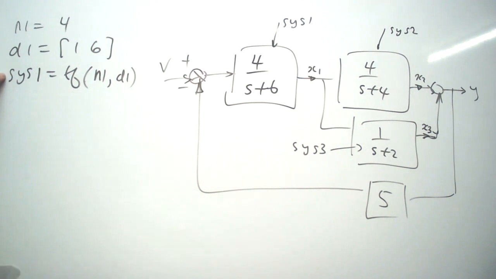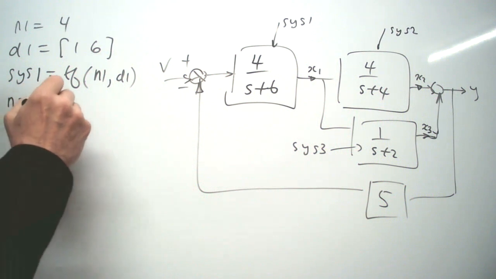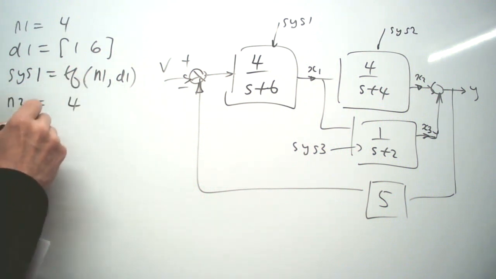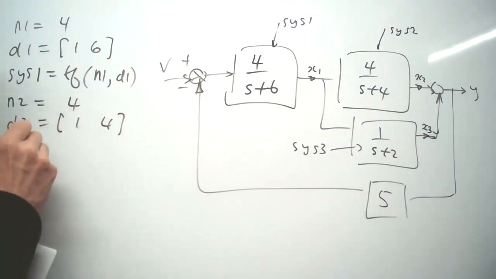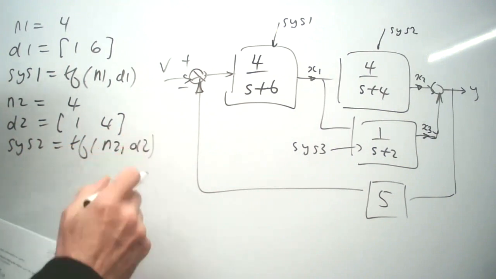So what that, through those 3 lines, it's put that transfer function in for us. Then we can put n2 equals 4 and d2 equals 1, 4, and sys2 is tf n2 d2.